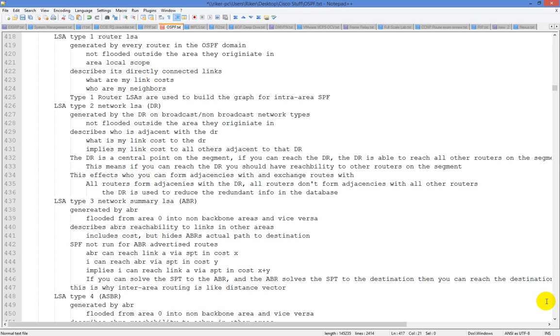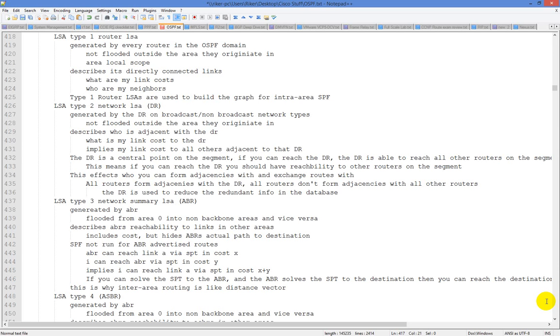The DR is there to be the central point of attachment, if you will. The way the DR works essentially is, if you can recurse to the DR, you've also recursed to other routers inside that broadcast segment.